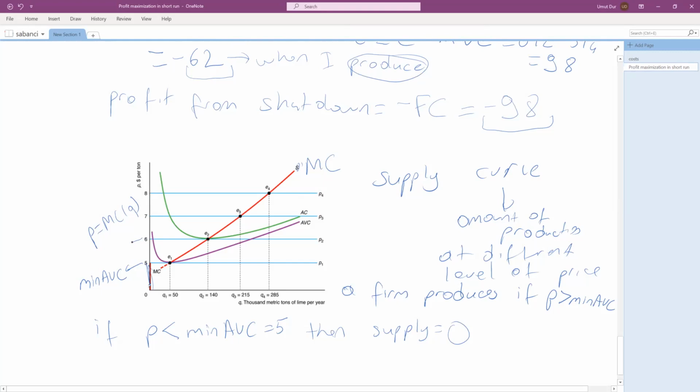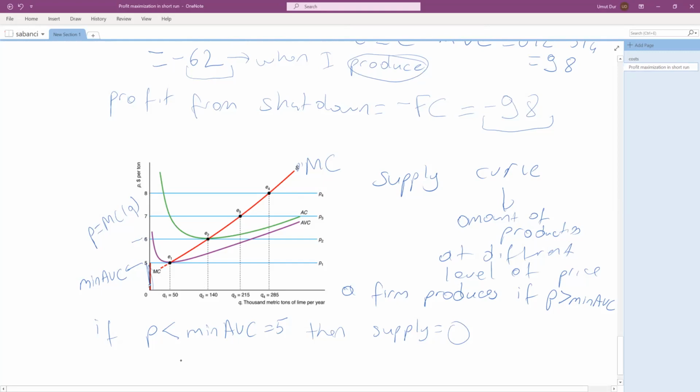Okay, let me say it again. Suppose that the price is 6. Then what I would like to do is find the optimum quantity when the market price is 6. 140.